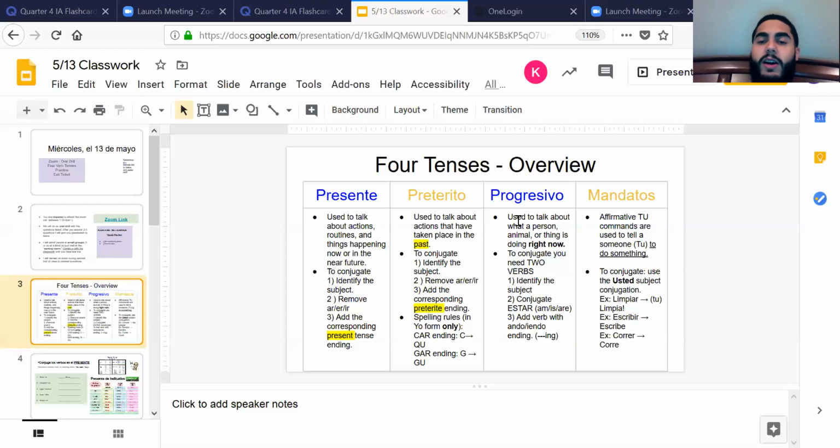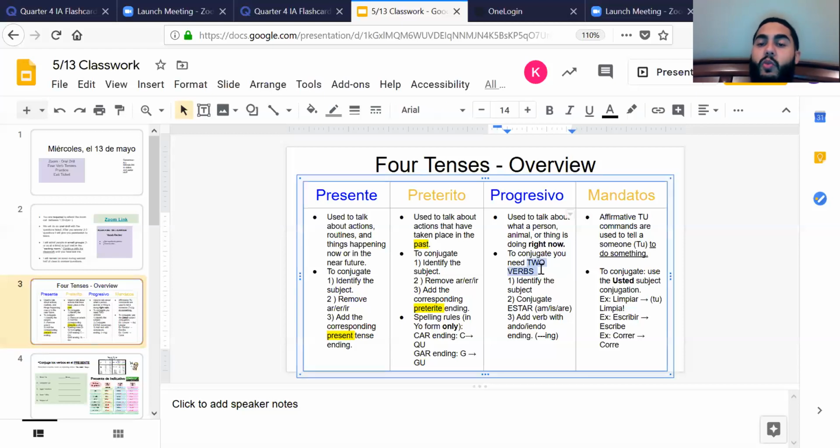Remember that. Do not forget, we did this a few weeks back. Some of you might remember, some of you might not. You need to use the verb estar along with the verb. So it is 2 verbs as it is mentioned here. One verb will always be the estar verb. So you need to conjugate estar and then add the verb with ando, yendo ending.